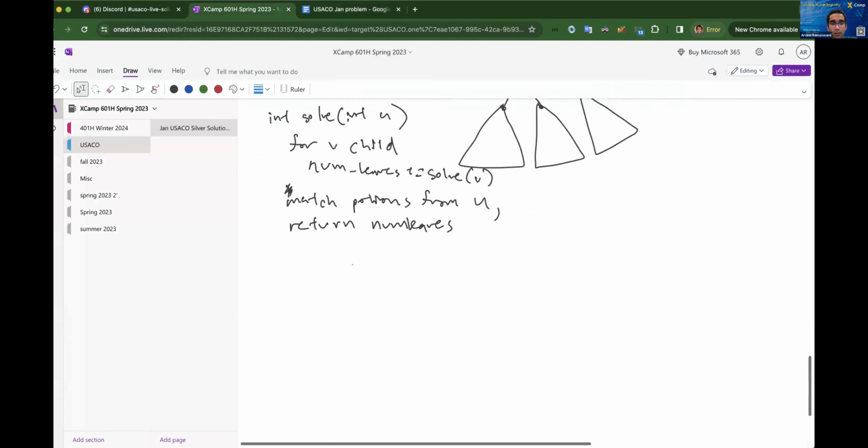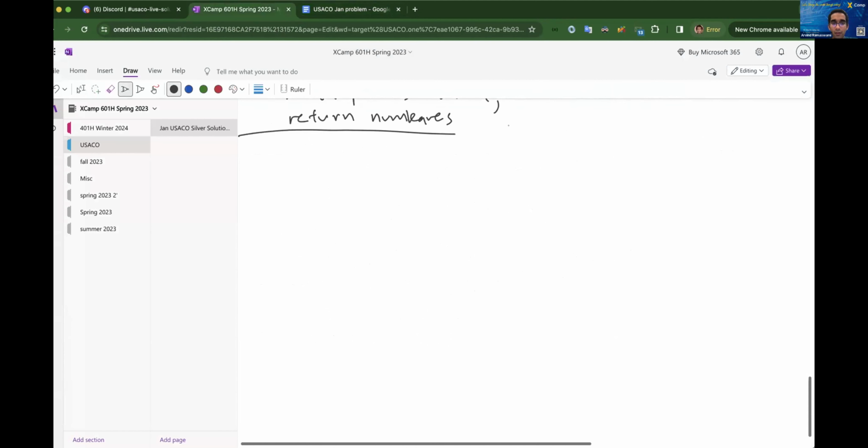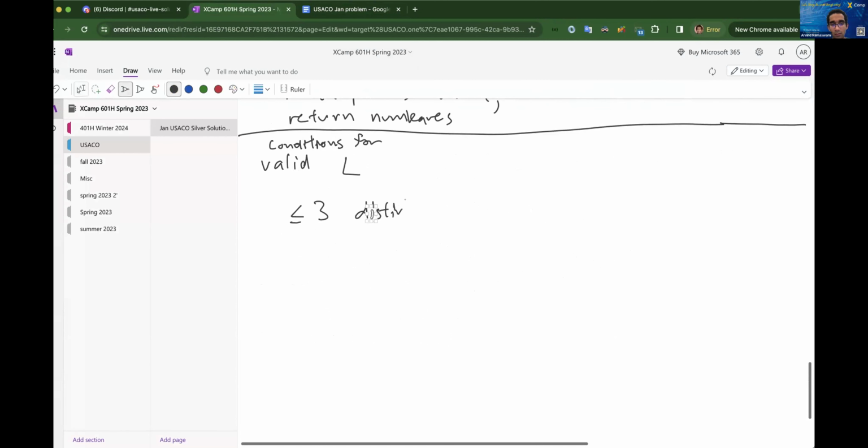So let's see what conditions might hold if a particular L works, what conditions are true for a valid L. We know that there has to be at most 3 distinct values mod L. Let's say they're C1, C2, C3.